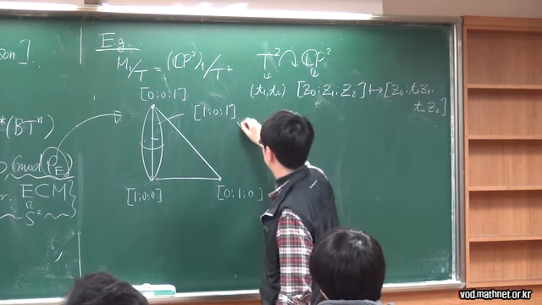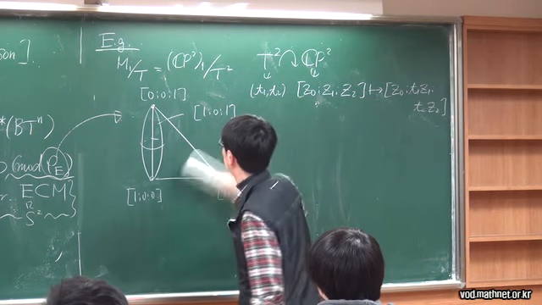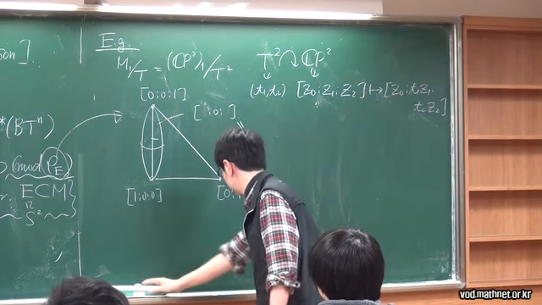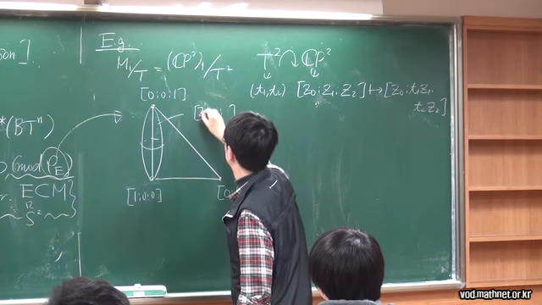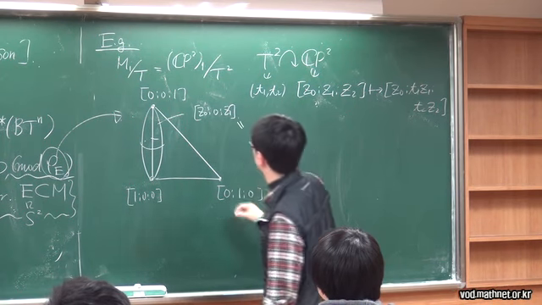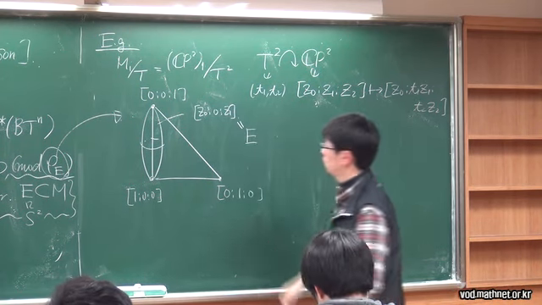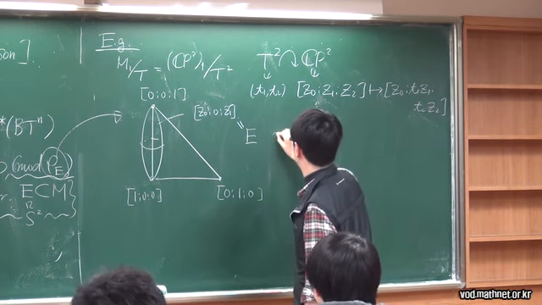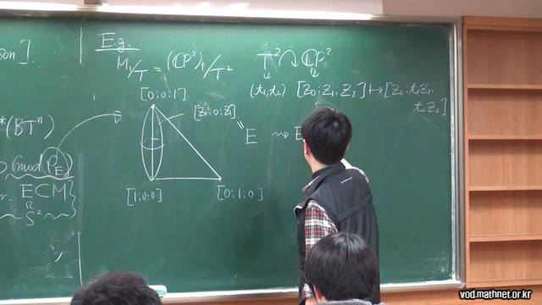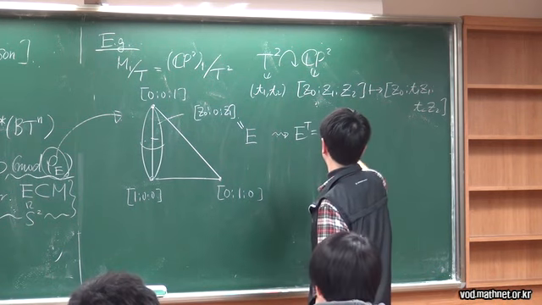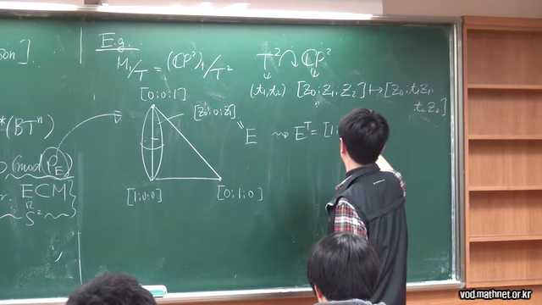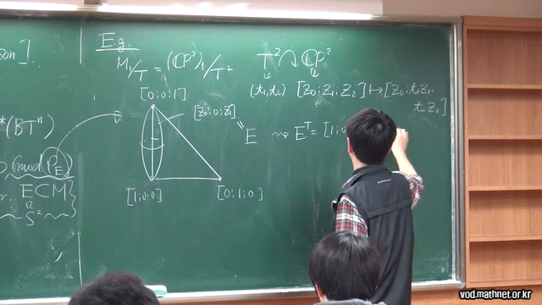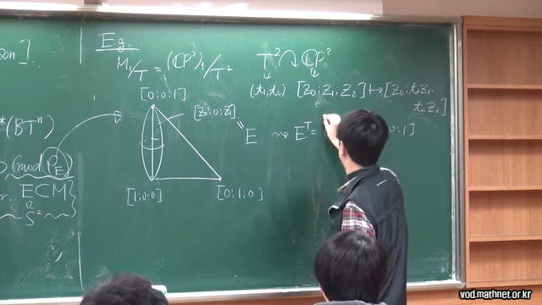And actually, this corresponds to 1, 0, Z0, Z1. For example, we take this E. Then in this case, E^T is 1, 0, 0, and 0, 0, 1.